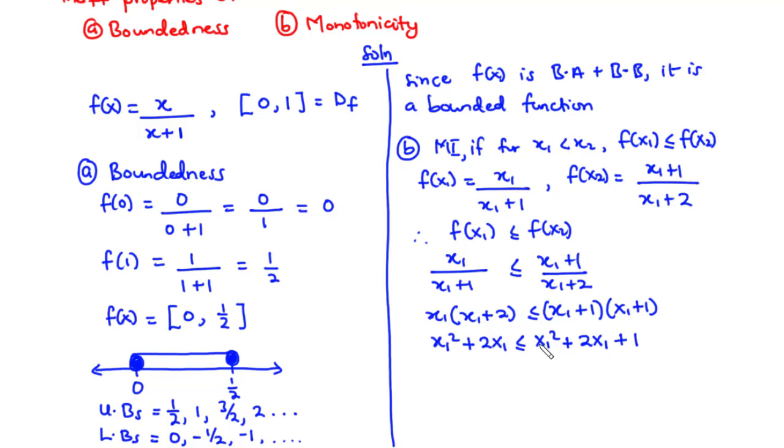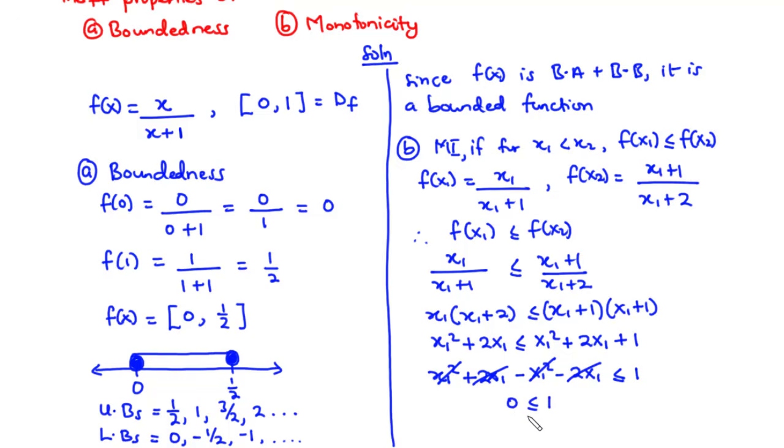Now let's transpose x1 squared and then 2x1 to the left hand side. So we have x1 squared plus 2x1 minus x1 squared minus 2x1 is less than or equal to 1. So x1 squared cancels out negative x1 squared, and 2x1 cancels out negative 2x1. So we are left with 0 is less than or equal to 1.